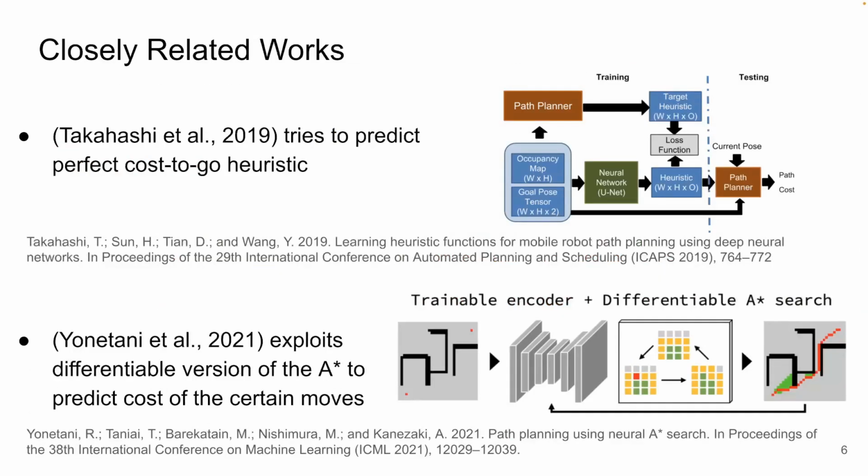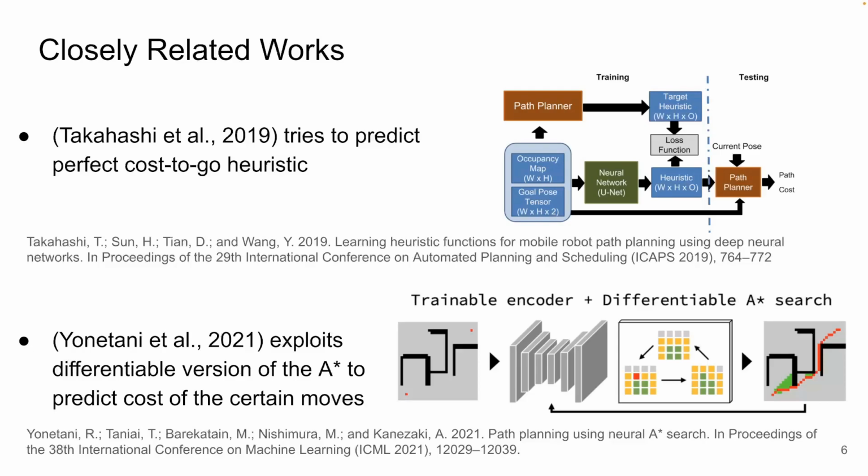We are not the first to suggest such an idea, and there exist works that utilize neural networks for grid-based pathfinding. Here we mention the two of the most relevant ones. In the work by Takahashi and others, it was proposed to use convolutional neural networks to infer the approximate values of the perfect cost-to-go heuristic function based on the image representation of the pathfinding instance.